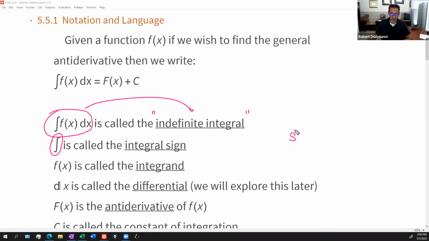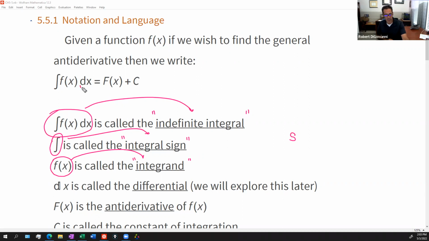But for now, I just want you to know it's an S that's been stretched out. That is called the integral sign. The function that you're trying to find the antiderivative of is called the integrand. The integrand is the function itself that you're trying to find the antiderivative of.